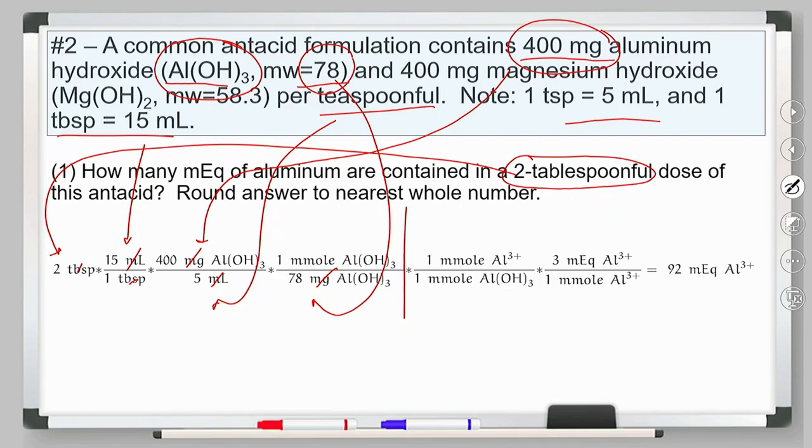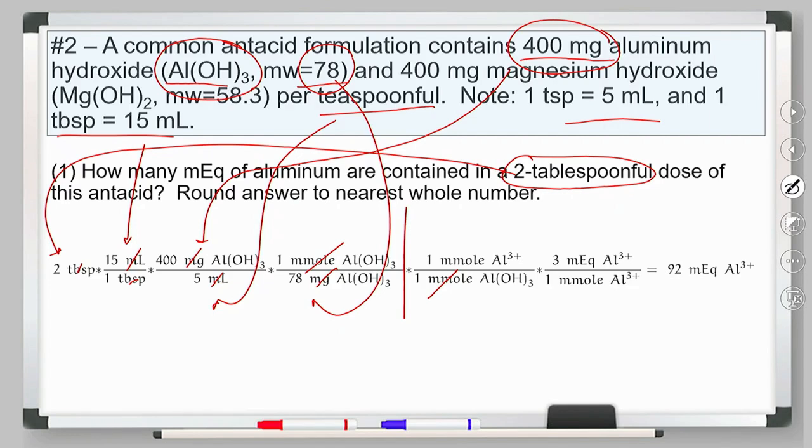How many hydroxides are there in 1 aluminum hydroxide? 3. There are 3 hydroxides and 1 aluminum. That's important when you look at the formula, you've got to understand that part of it. Since we're talking about aluminum, this is now the proportion. There is 1 millimole of aluminum for every 1 millimole of aluminum hydroxide. It's 1 to 1. That lets me convert from millimoles of aluminum hydroxide to just millimoles of aluminum.